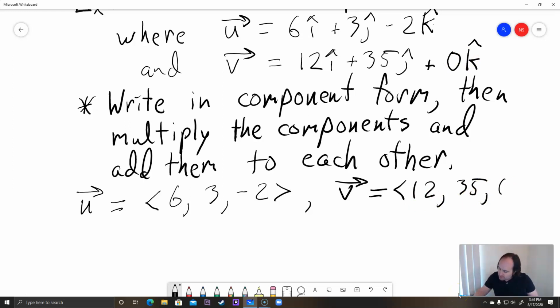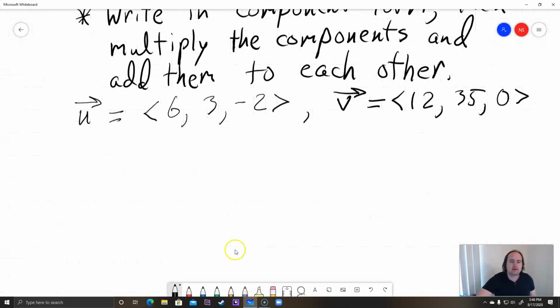I'm going to go ahead and write that in. If you're ever missing an i or a j or a k, just remember that it's automatically a 0 if they don't write anything for it. Now, when you're taking the dot product, first you write it in component form. We did that. And then you multiply the components and add them to each other. So what's that going to look like?